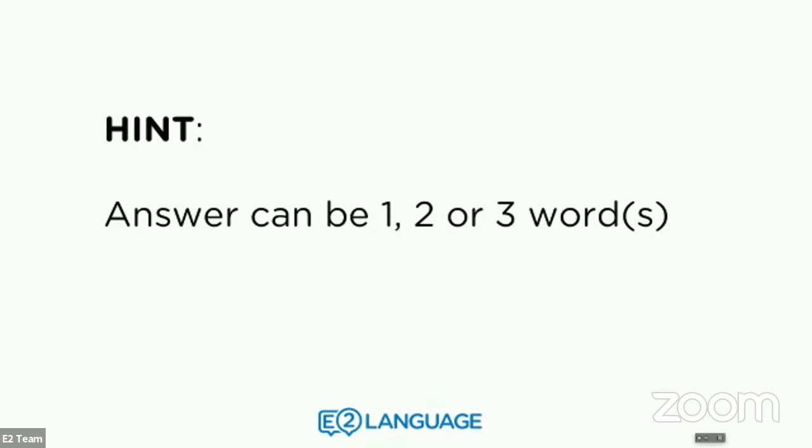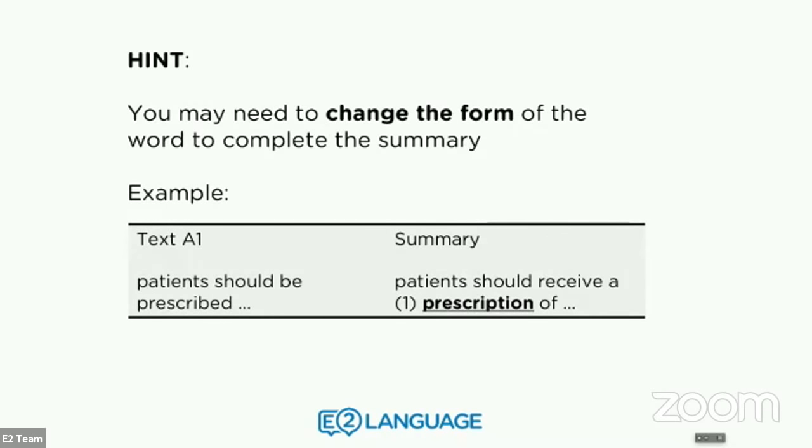Let me give you a couple of hints before we begin. First of all, the answer to fill that gap in the summary can be 1 word, 2 words, or 3 words maximum. Here's another hint. You will probably need to, if not all of the time, change the form of the word to complete the summary.